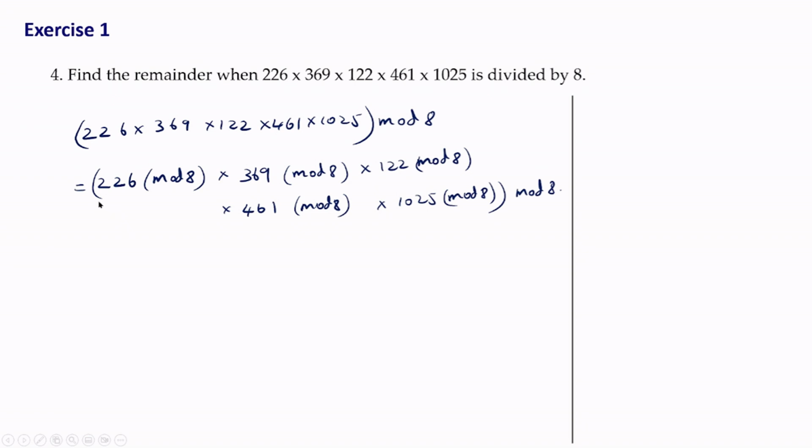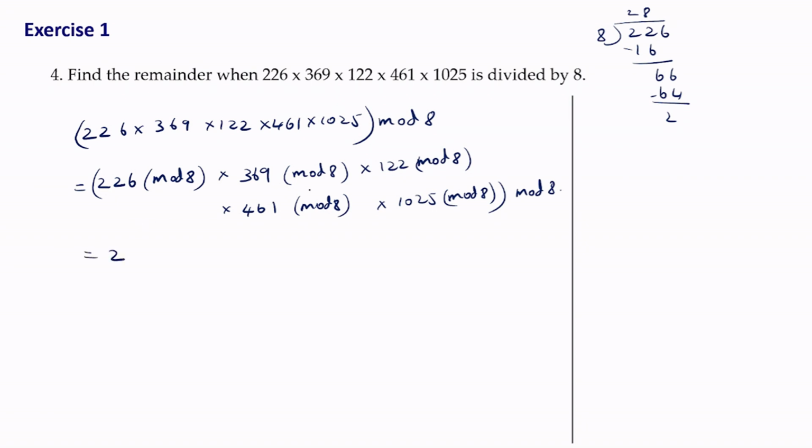Now when we divide 226 by 8, we get the remainder as 2.